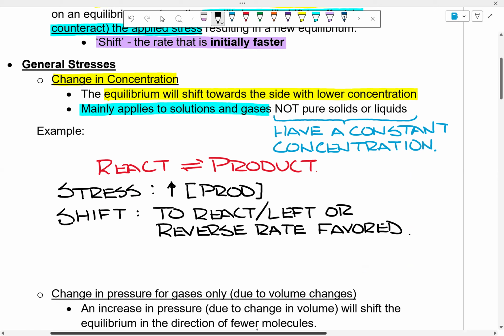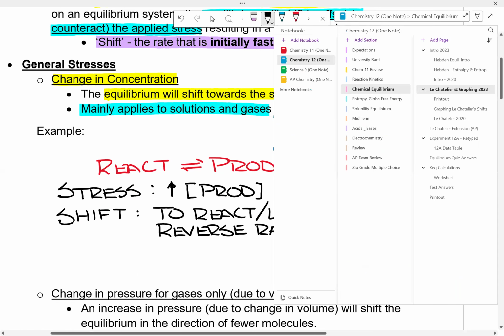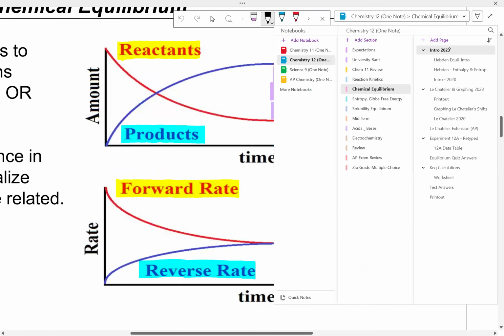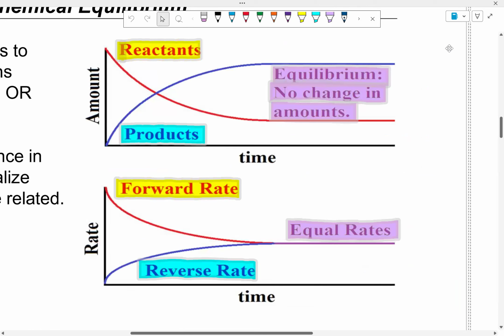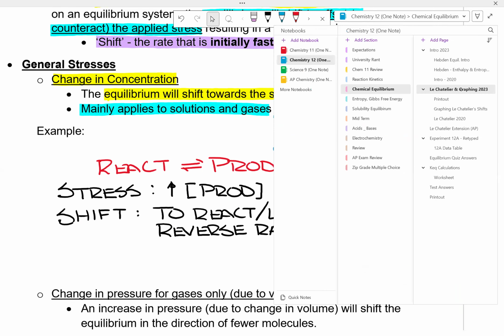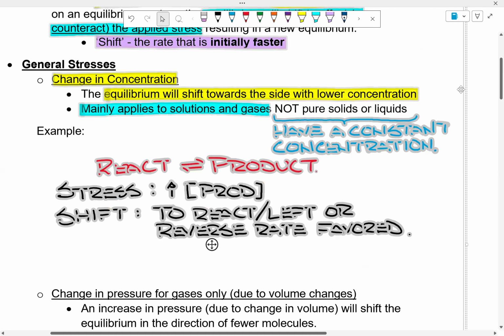Okay, but what I'm going to do is explain why. In this particular case, when it is at equilibrium, the rate of the forward is equal to the rate of the reverse. So that goes back to this particular diagram. Now, when I increase the products, going back to reaction kinetics, remember, when you have an increase in products, the rate increases.